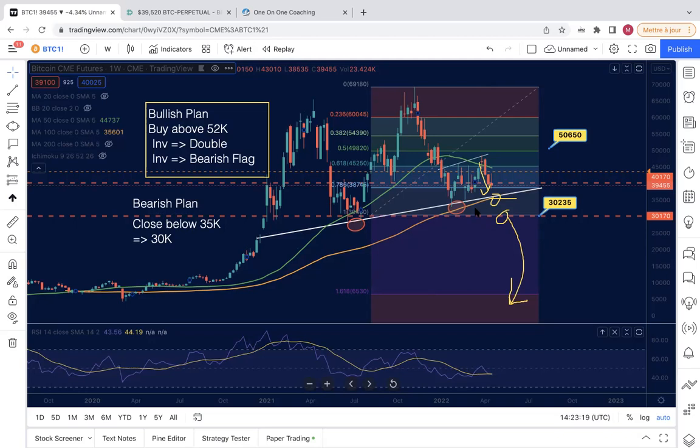So if you see a rebound signal from the 35K, when I say a rebound signal, I am saying a big green candle, for example, like this one but green, then why not? We can talk about a reversal signal. But if there is no reaction from there, guys, prepare yourself to go to the south.